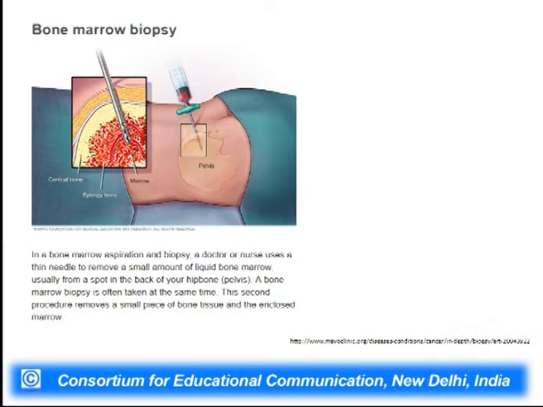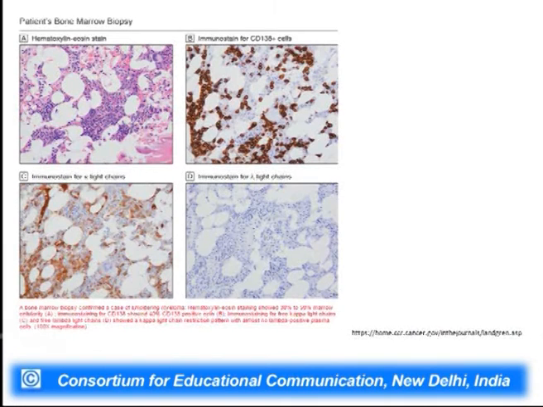A piece of tissue can also be collected from that particular area. Thus, in a bone marrow biopsy, a part of the bone marrow cells, or the growing hematopoietic cells, are collected for further analysis.